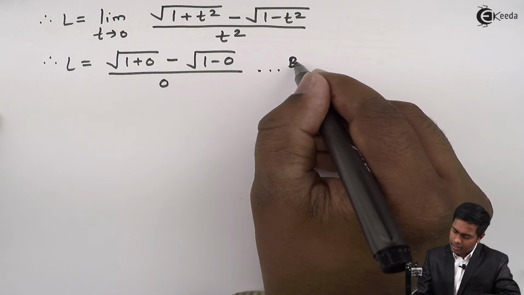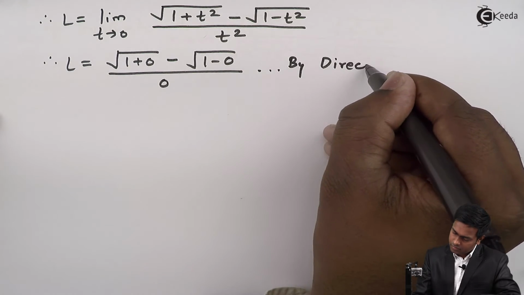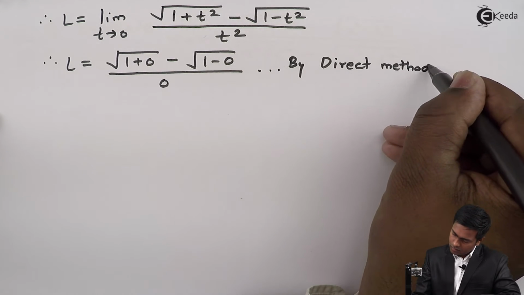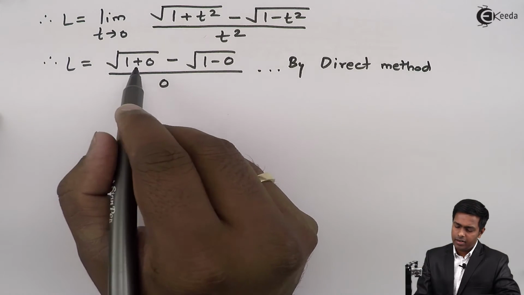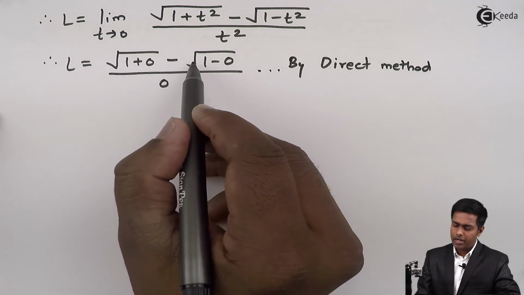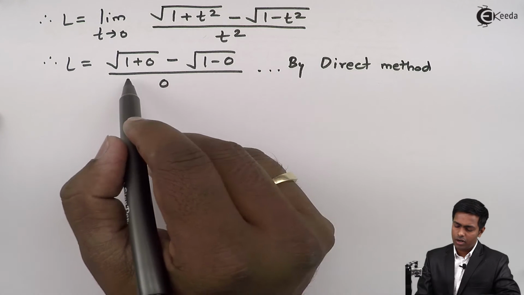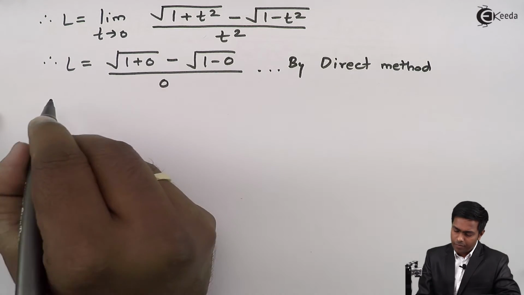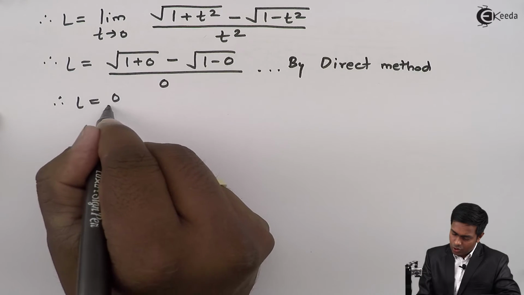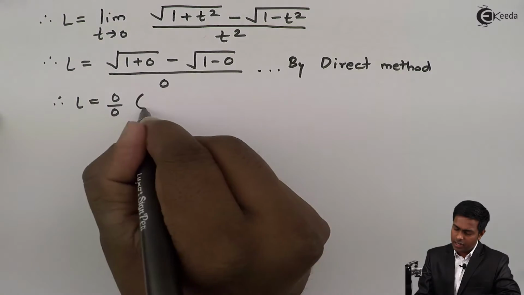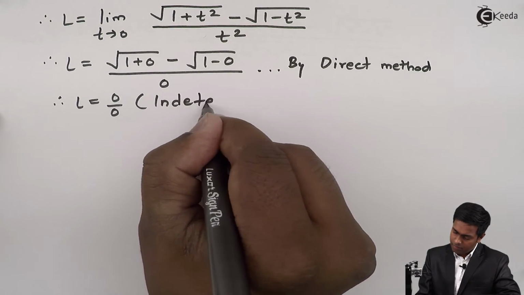So square root of 1 minus square root of 1 is 0, whole divided by 0. So we are getting L as 0 by 0, which is an indeterminate form.